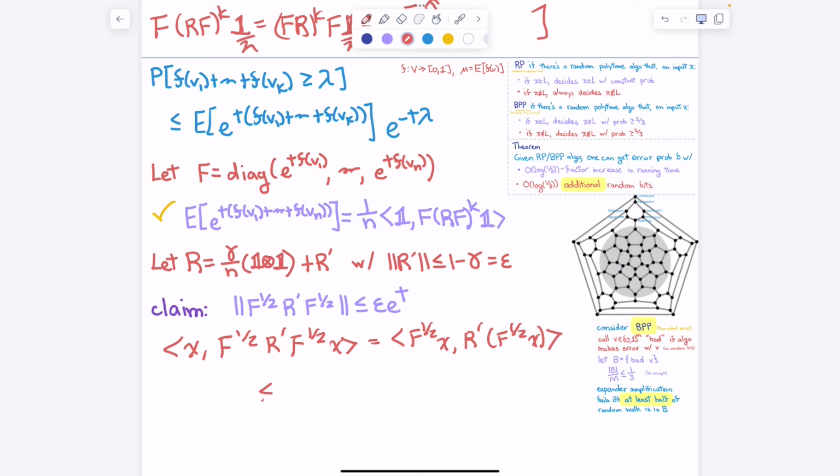And this thing is at most, and I think this is what you're saying, epsilon times the norm of f to the 1/2 x squared.